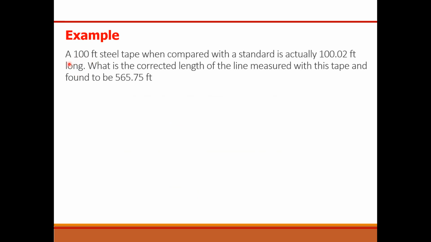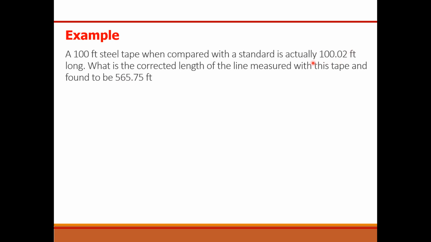First example, now. A 100 feet steel tape when compared with the standard is actually 100.02 feet long. What does it mean? Our tape is showing a value which is too long, so it is the first case. What is the corrected length of the line measured with the tape and found to be 565.75?